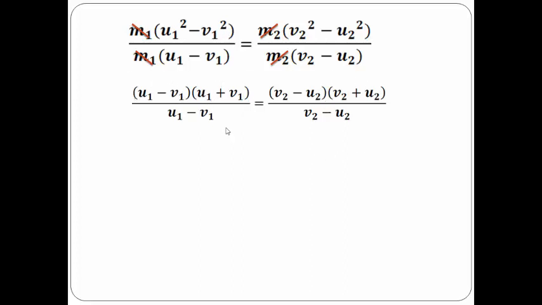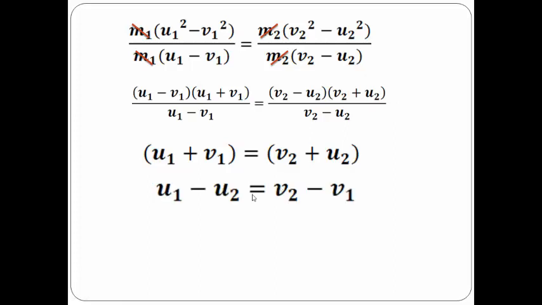Similarly on the right side, so we can cancel out u1 minus v1 here and v2 minus u2 here. So you are left with u1 plus v1 equals v2 plus u2. If we rearrange that, we can get u1 minus u2 equals v2 minus v1, or the ratio (v2 minus v1) divided by (u1 minus u2) will be equal to 1.